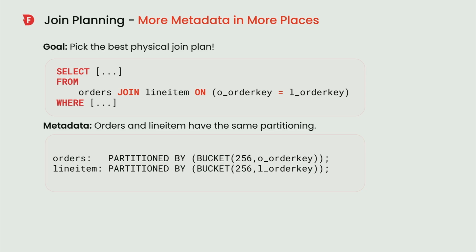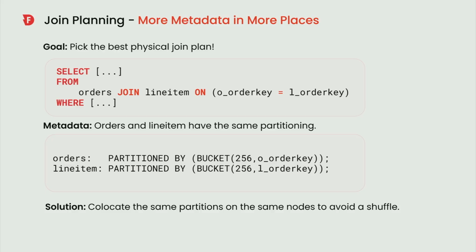The nice thing is, we might know from your Iceberg table that it has bucket partitioning into 256 buckets on the join keys. So if you have bucket partitioning on O order key and L order key for orders and line item respectively, our physical query optimizer can find a query plan that co-locates the same partitions on the same nodes to avoid a shuffle.